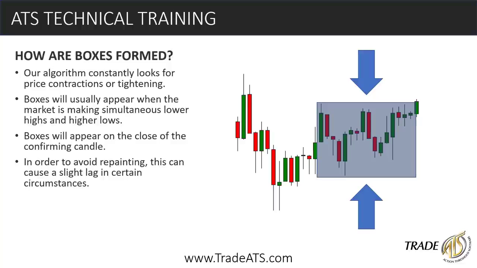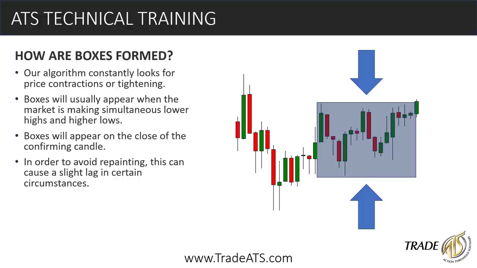The reason we had to do it this way is that we could make the boxes appear sooner, but that would also cause them to disappear if it didn't confirm, which would cause it to repaint. So to avoid any kind of repainting, we did have to go off the close of a candle on this specific function. And like I said, I think that speaks for itself. We don't want to have anything that repaints. We want it to be what it was, so when you do your back testing, you can see an accurate representation of what happened.